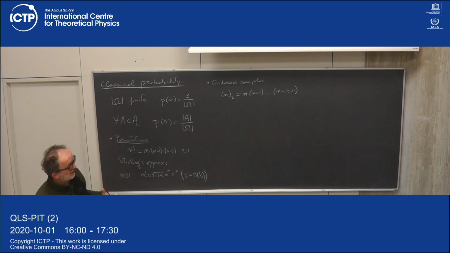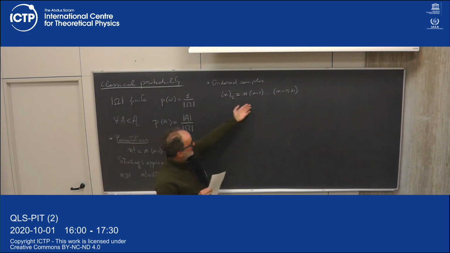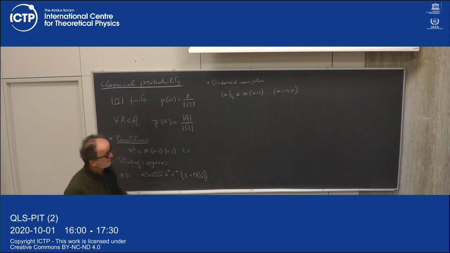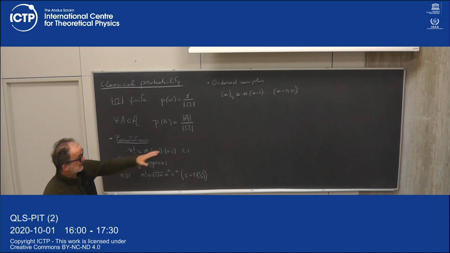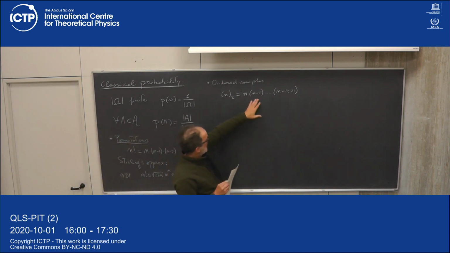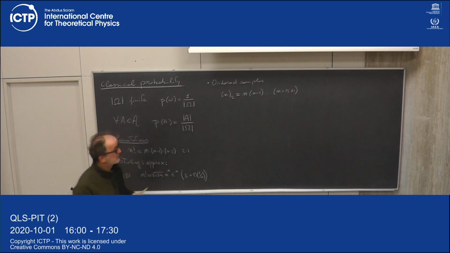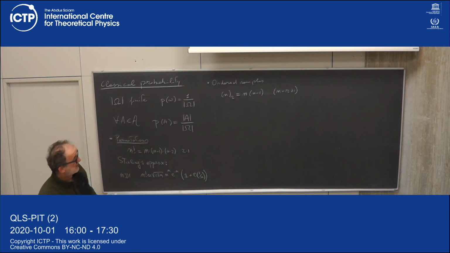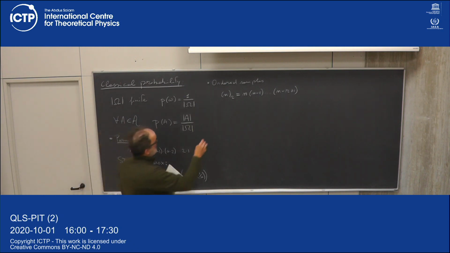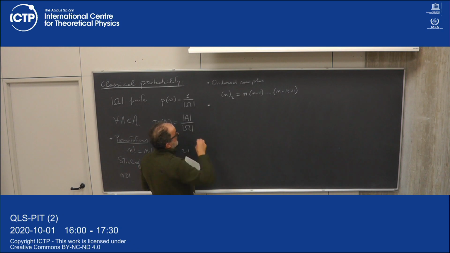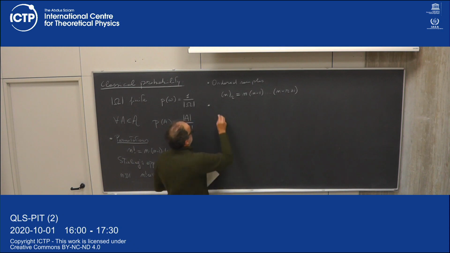And if you want to understand how many samples you can build, this is the number. We have already seen that this object appears in the problem of birthdays. So this is an important object. The other combinatorial object which is very important is the number of combinations.